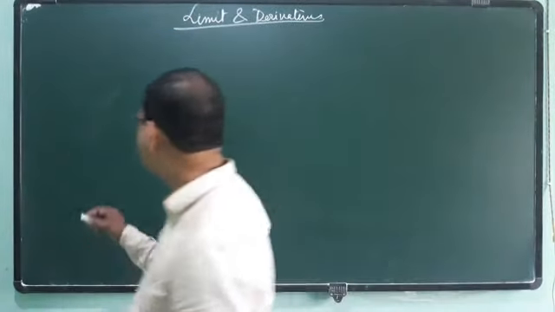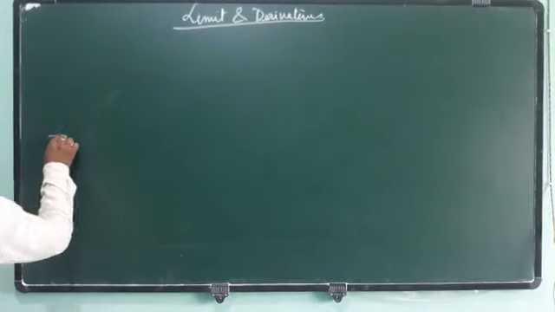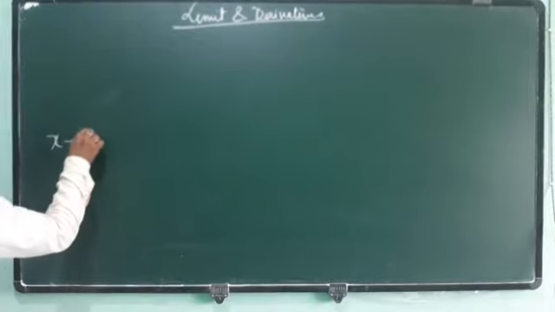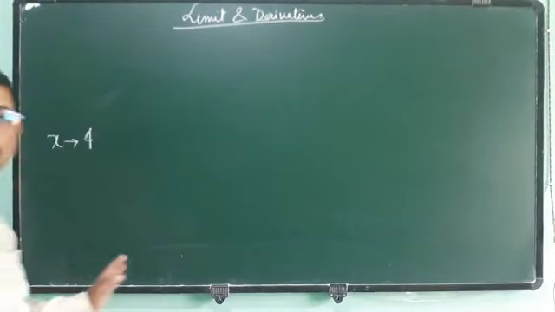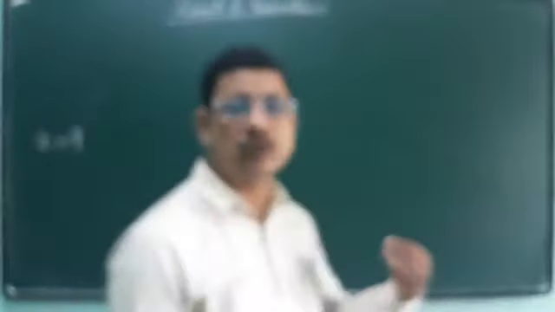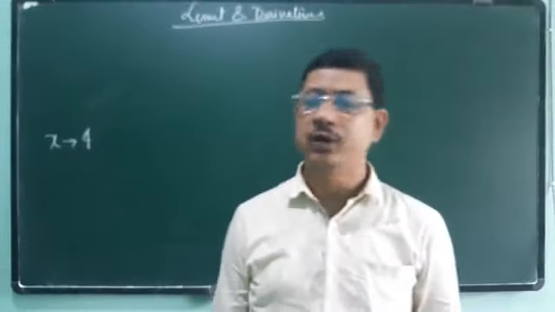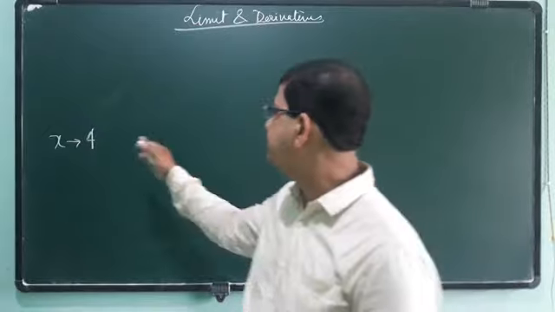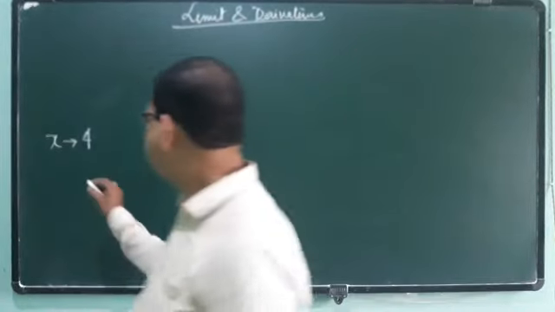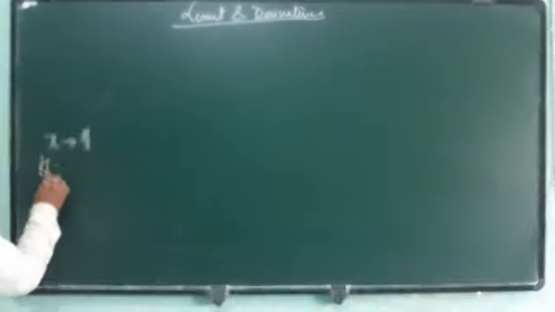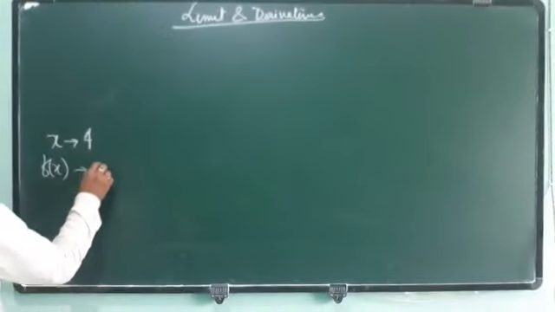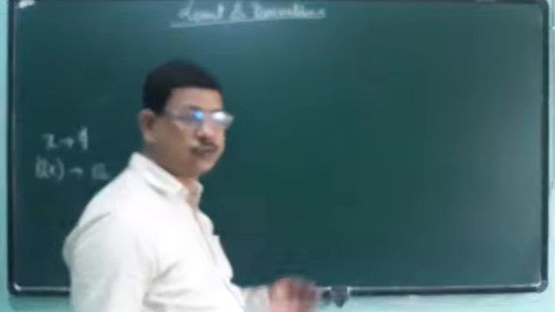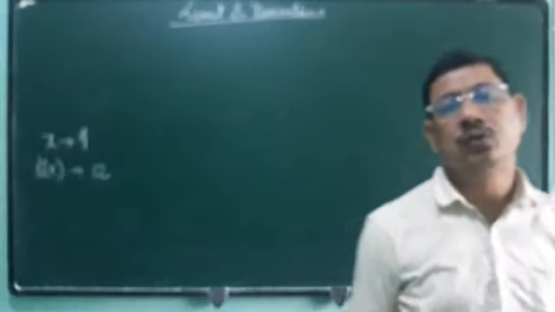Suppose x approaches towards a value 4. This means x is not 4, but x is going near to the value 4, either from the lower side or from the upper side. For that, our f(x) maybe goes towards the value 12.